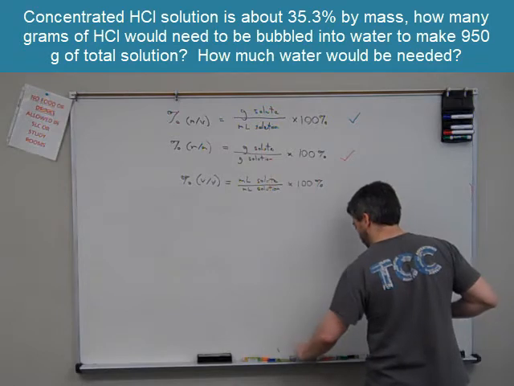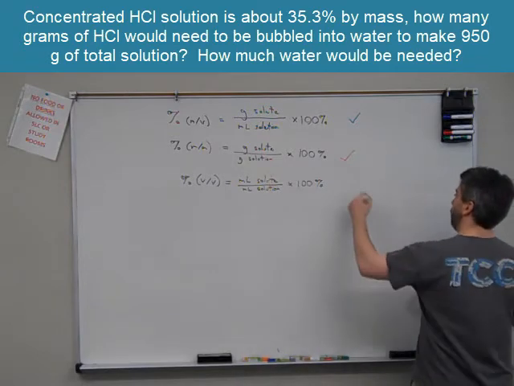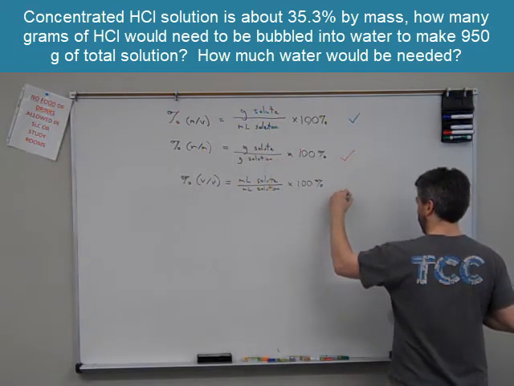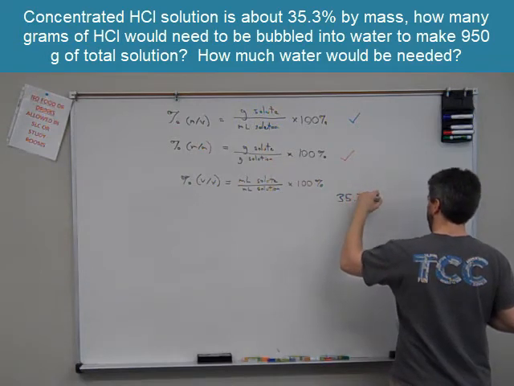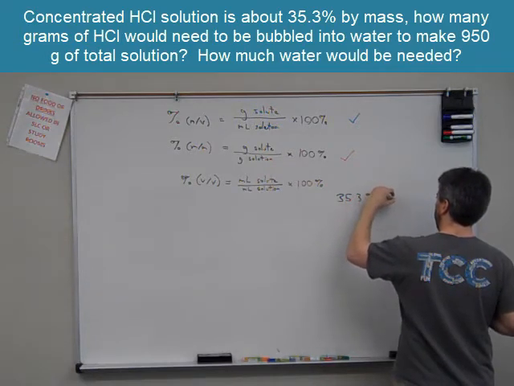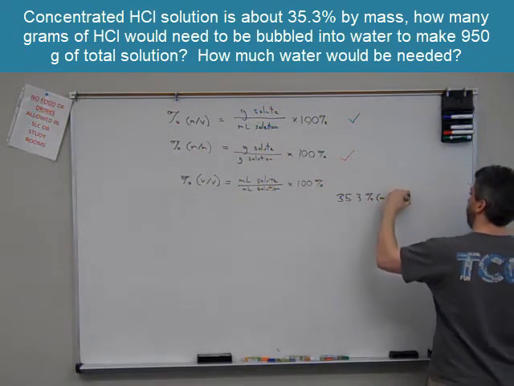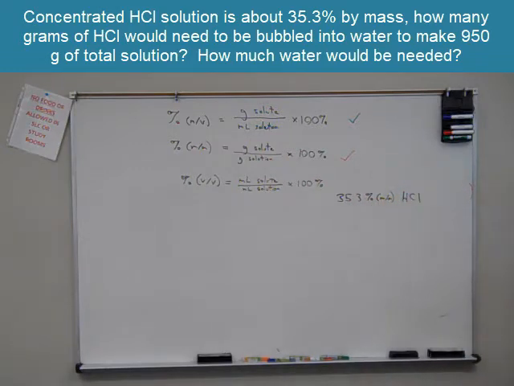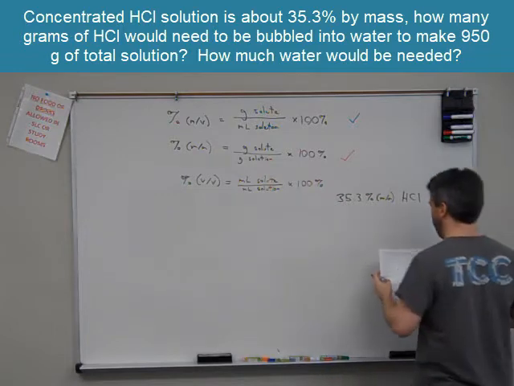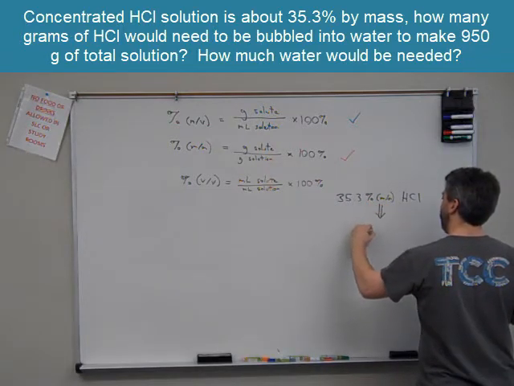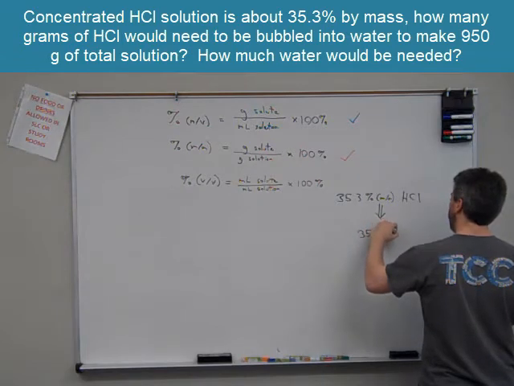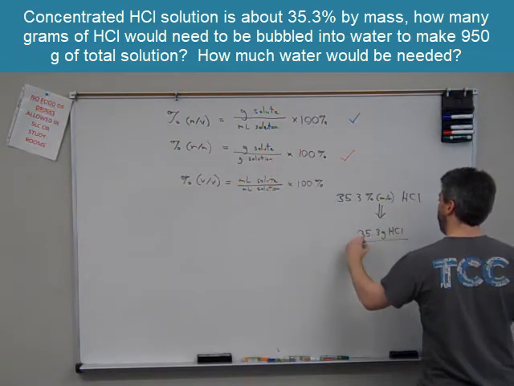So 35.3 mass percent HCl basically means it's 35.3 grams of HCl for every 100 grams of solution.